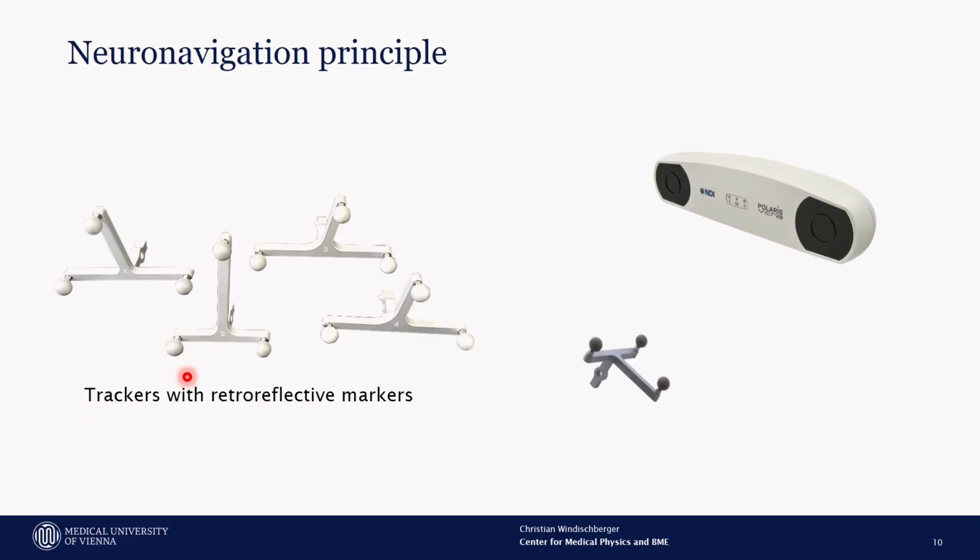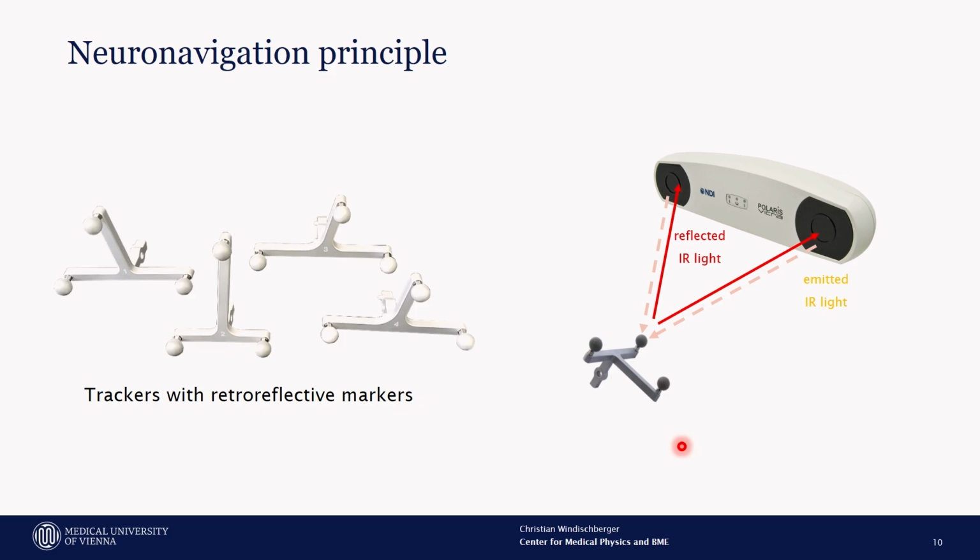And your neuronavigation system consists of a camera and 2 illuminators. The illuminators will send out light. This light is going to be reflected by these tracker elements, and it's going back to 2 cameras.